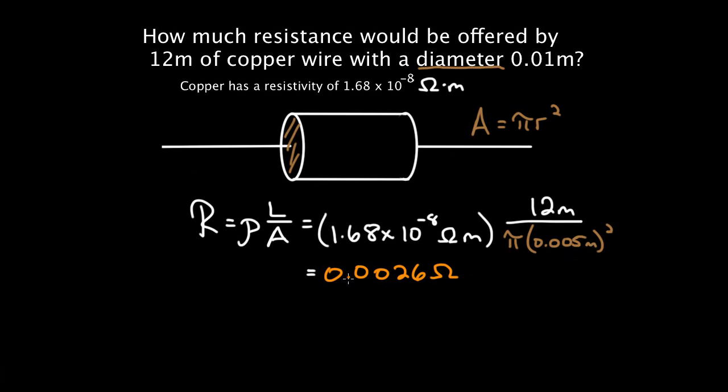Hardly anything, but there is some resistance. And if this is going to have an effect on a very delicate experiment, you've got to take that into account. If you get this really long, the longer it is, the more resistance it has. That could affect your system, but typically it doesn't matter too much. The copper wire, electrons flow through that like water, like it's not even there because the resistance is so small.